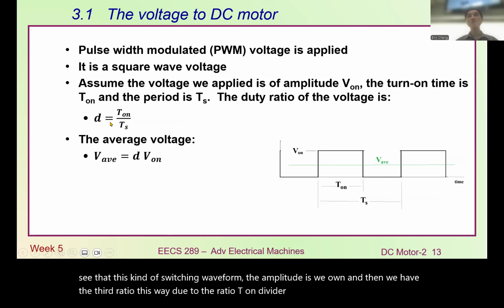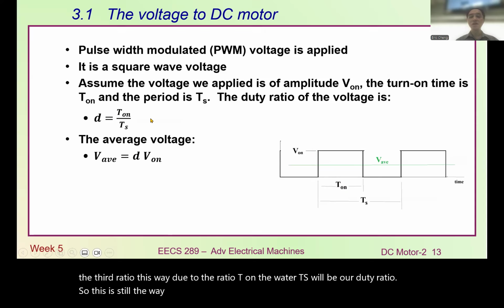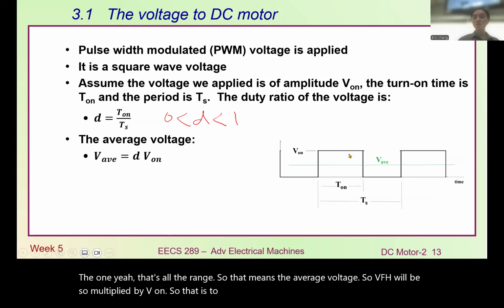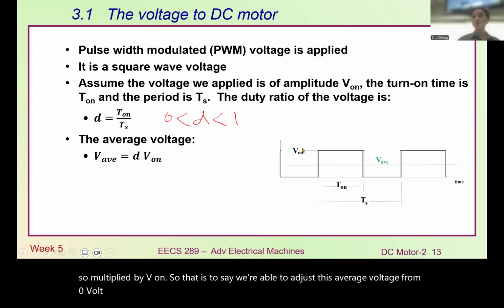In theory, you can control the duty ratio between 0 and 1, the whole range. So the average voltage, V average, will be equal to the duty ratio multiplied by V on. That is to say, we're able to adjust this average voltage from 0 volts to V on. So that's quite a wide range of voltage control to the motor.